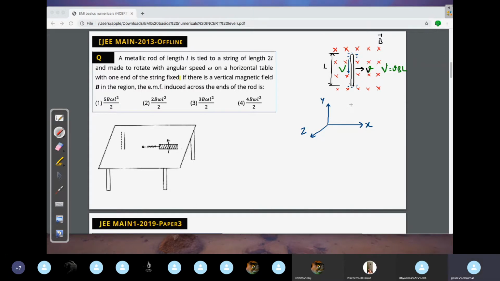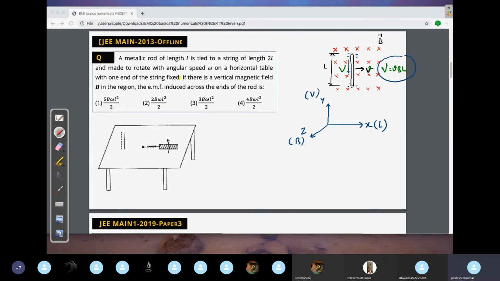In this case, one is your velocity, one is your length. On one axis I will write length, on one axis I will write V, and on one axis I will write B.